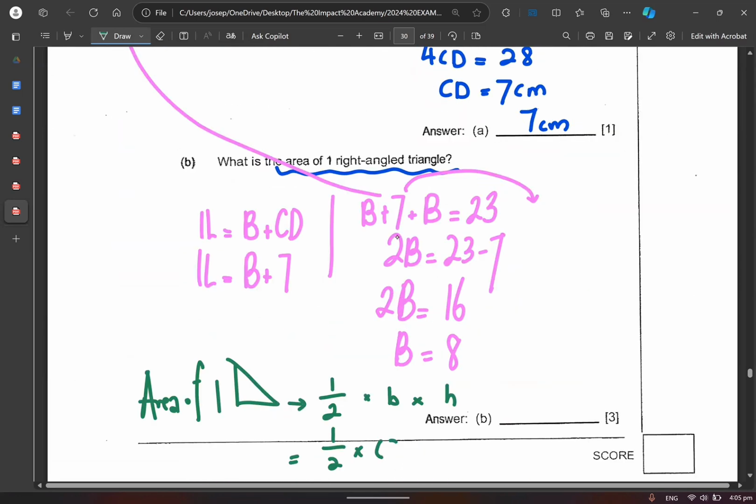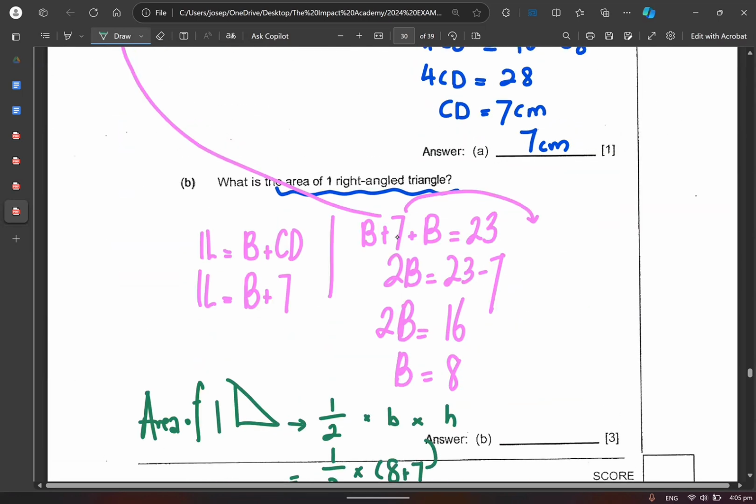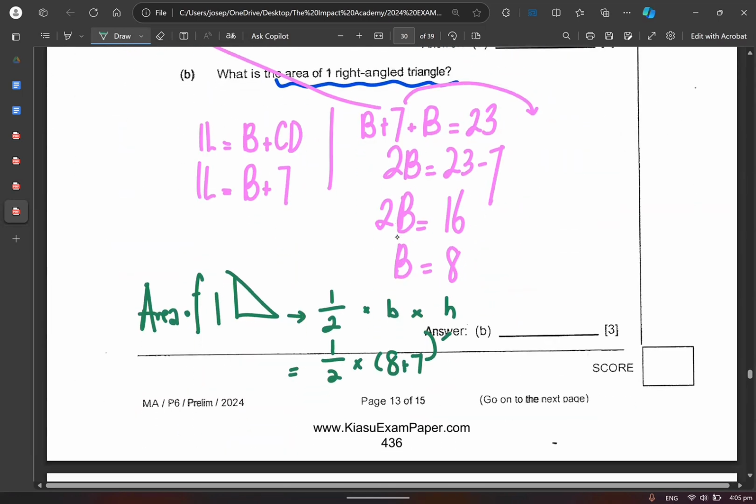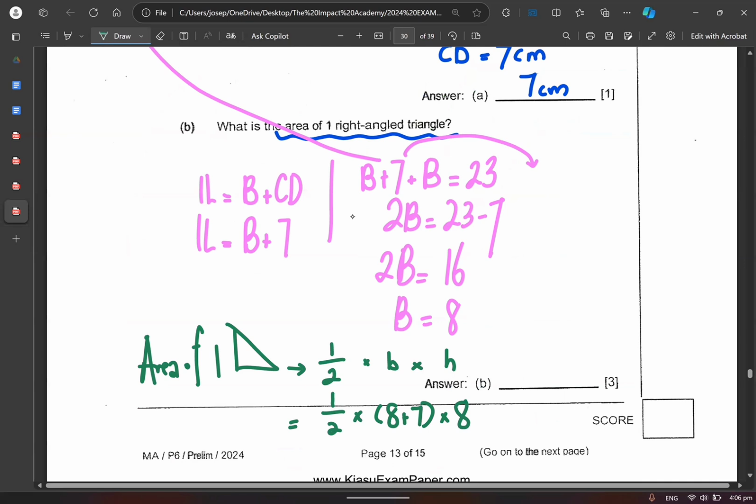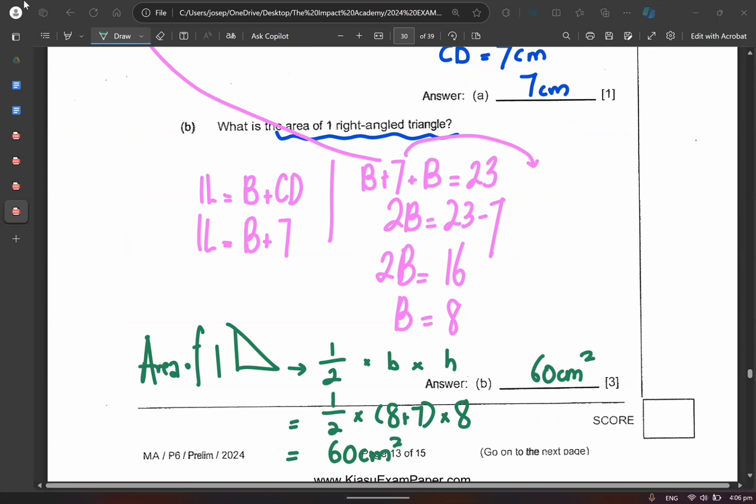Which is actually equals to 8 plus 7. What's my height? My height over here, as you can see over here, is my 8. Okay, so when I do half times 15 times 8, all right, I will get to an answer of 60 centimeters square. All right, so I'm just going to write 60 centimeters square over here. So therefore, this is my answer for this question.